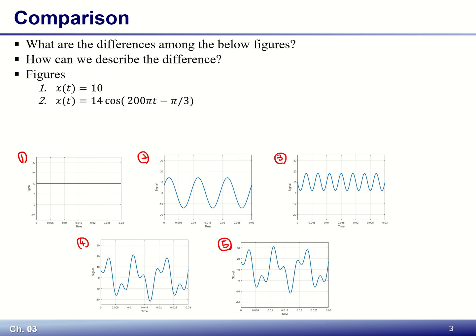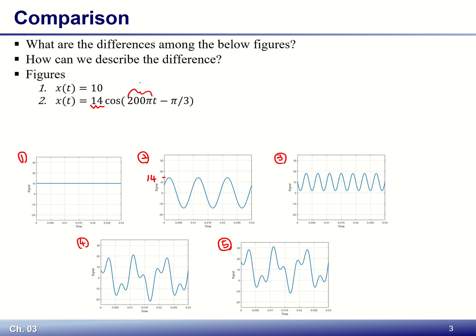The second figure is 14 cosine(200 pi t minus pi over 3). So the amplitude is 14. We already studied this in the previous chapter.